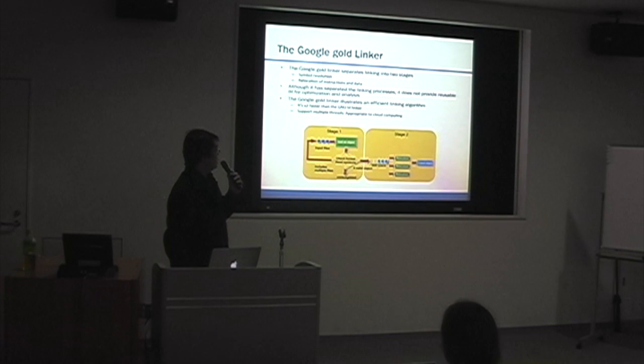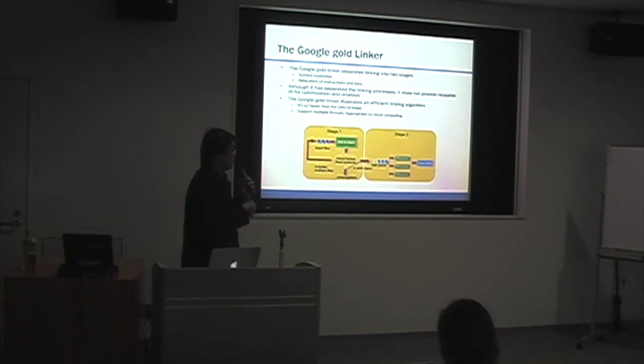So Gold is fast because it is the first linker to decide to run in parallel, but actually the dependencies of these tasks are too high. So even if we turn on all threads, Gold behaves like a single-threaded linker.